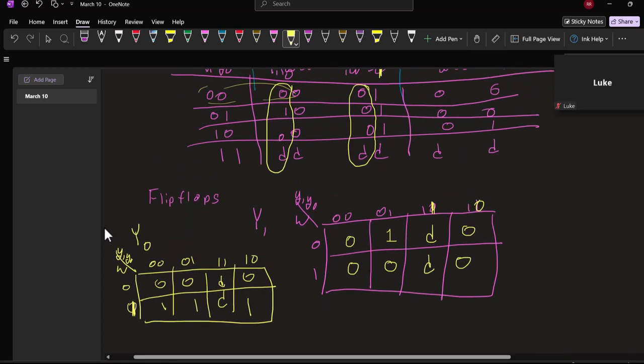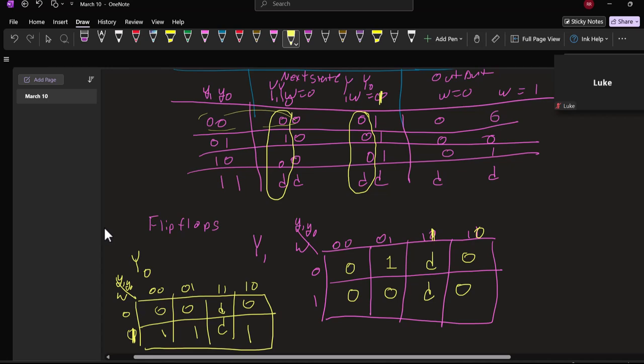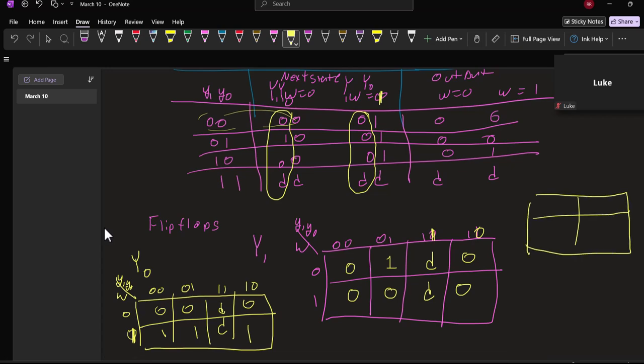And then my output, I have don't cares on 1, 1, and I have a 1 when W is 1 and Y1, Y0 is 1, 0. Everything else is zeros.